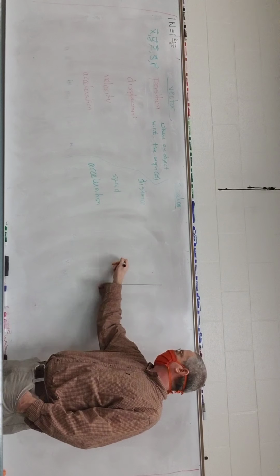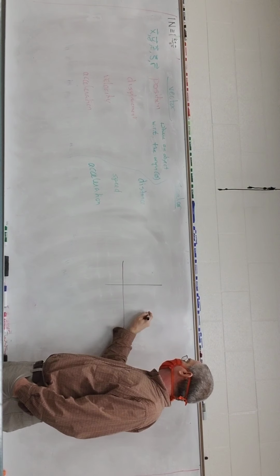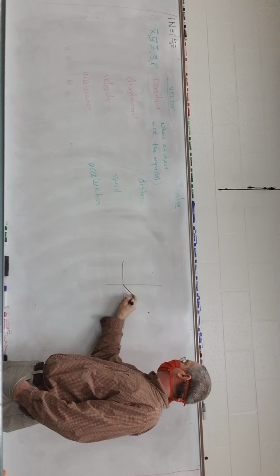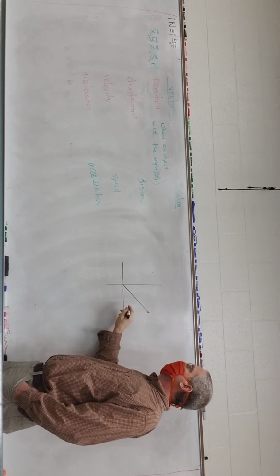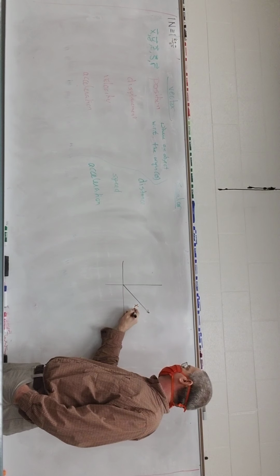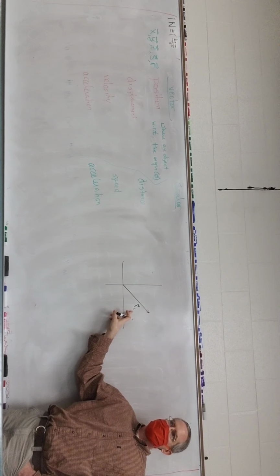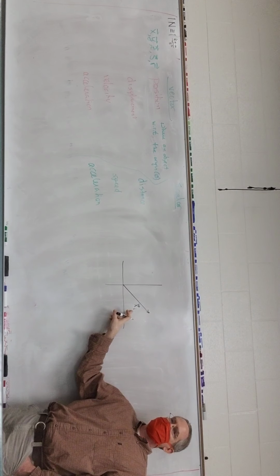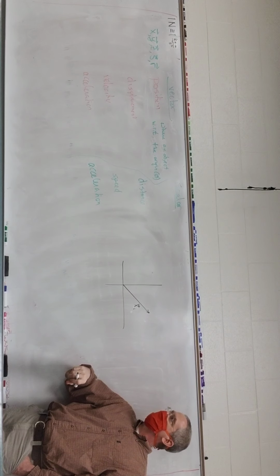So if I have, let's say, a coordinate system like this, and I have an object sitting right here, that would be the position, and also x sub i. The little subscript i here means the initial position. So I have an object that's sitting right there at some initial position. Questions to here?